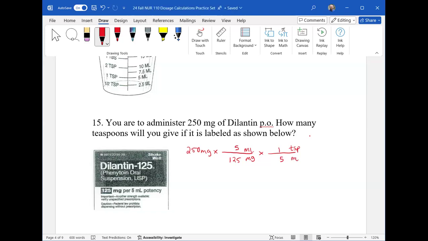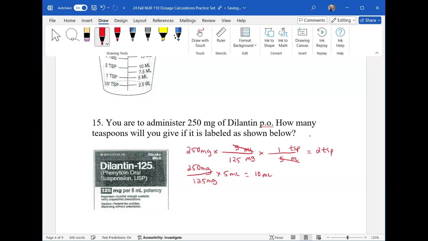Now, I always say, when I created some of these, I paid attention to what things I could reduce. So 5 ml and 5 ml cancel each other out. And then 250 over 125 is just 2. So my answer would be 2 teaspoons. If you're doing this ordered over available, 250 over 125, again, times 5, that'll give you 10 milliliters.